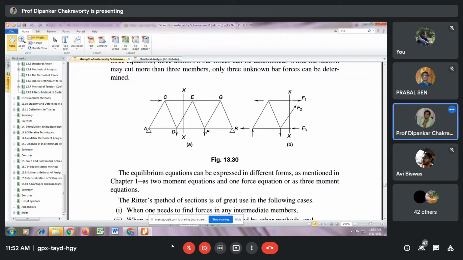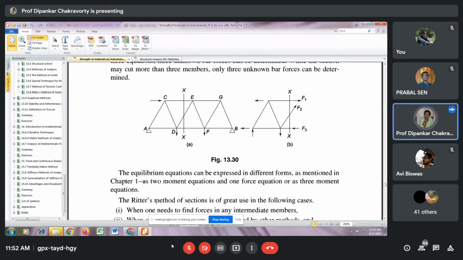Have you understood? In method of joints, you have to choose a joint in such a way that two forces are unknown. You cannot solve more than two forces at a particular joint, and therefore you have to plan your solution sequence so that you go joint by joint, solving two unknowns at each joint.